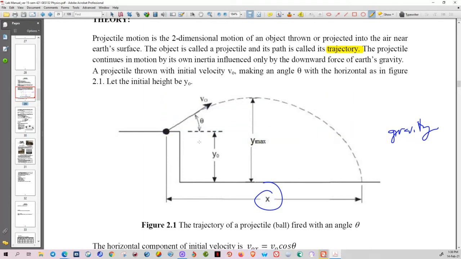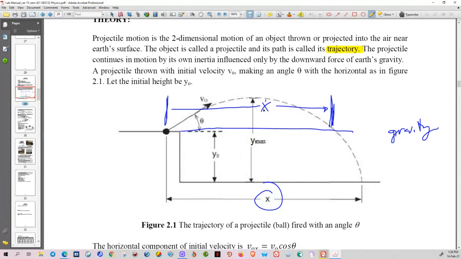But because in this illustration you are throwing from a specific height y initial, you will see that the object will continue to travel, and x is actually longer because you are throwing from a higher position, okay? So basically that's projectile motion.